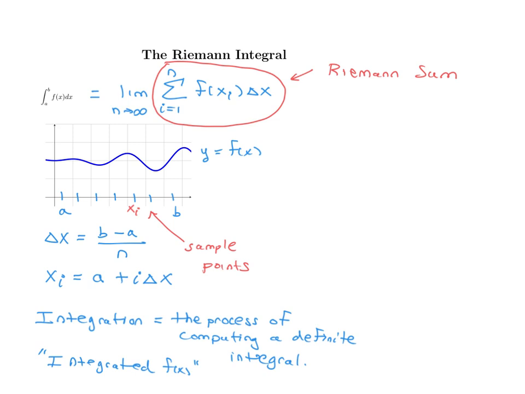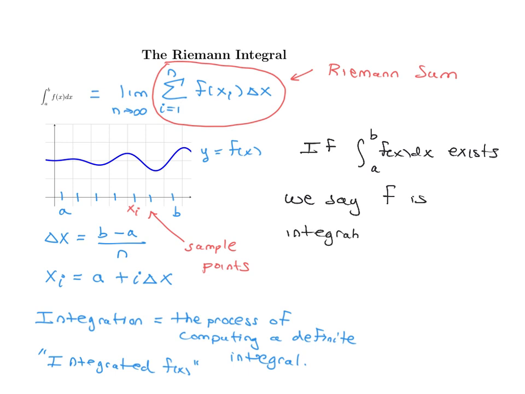So I'll just note that if this value exists, meaning you compute it and you get a number, we say f, the function, is integrable on the interval from a to b. So in this lesson, what we'll do is we'll do a couple more computations using this definition, and then we'll examine some properties, some geometric properties that this integral has.